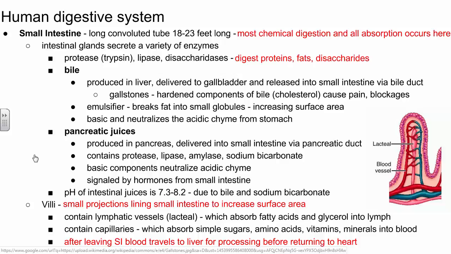We think of it as after blood goes through a capillary, it returns to the heart, but actually this blood goes to the liver, and the liver does some processing of various components of the blood, breaks down certain nutrients and so forth. So that blood makes a pit stop at the liver before it gets to the heart, so it will go back and be circulated throughout the body.